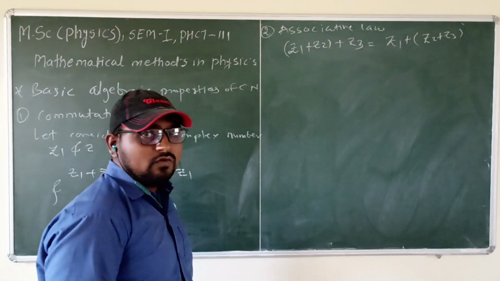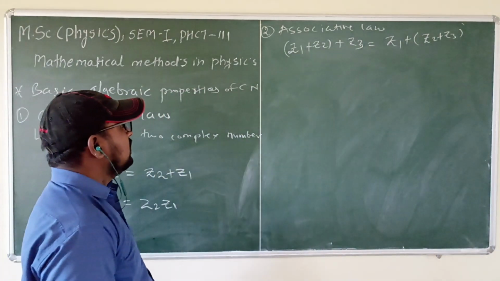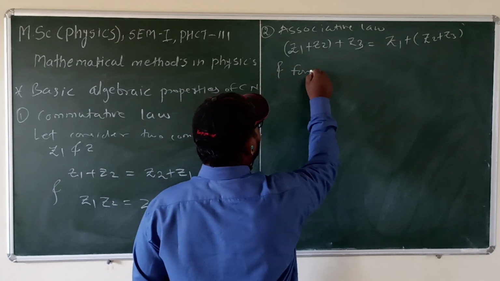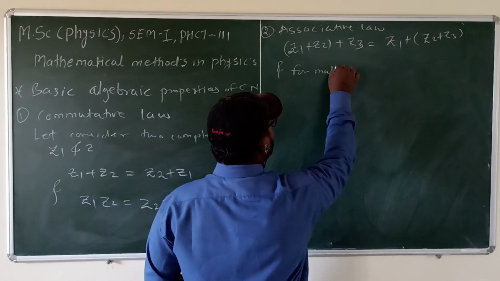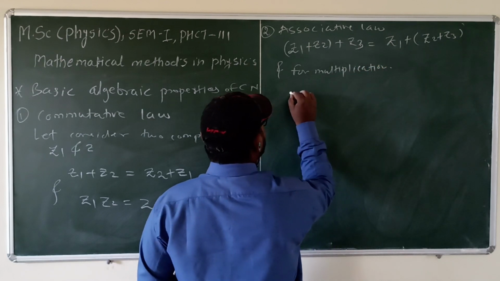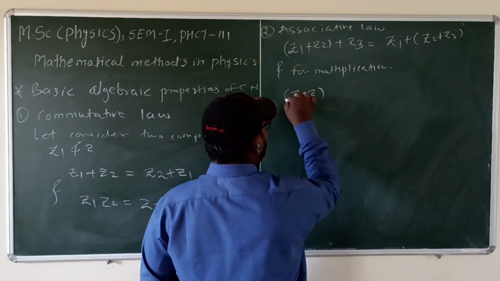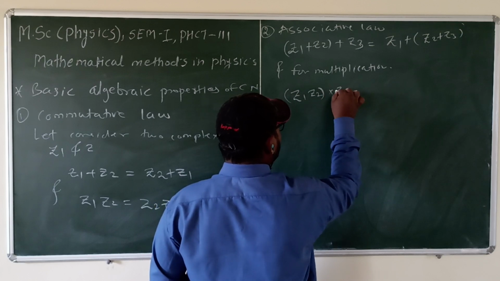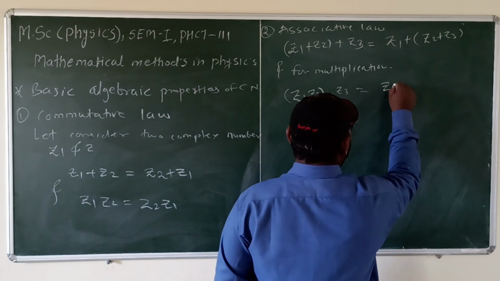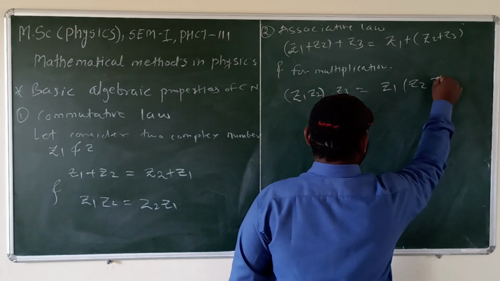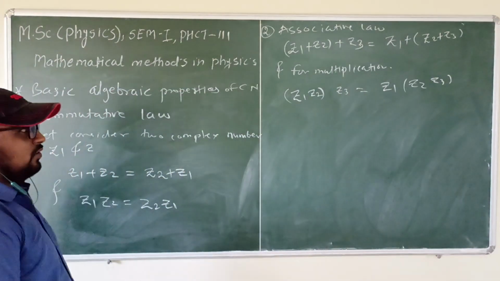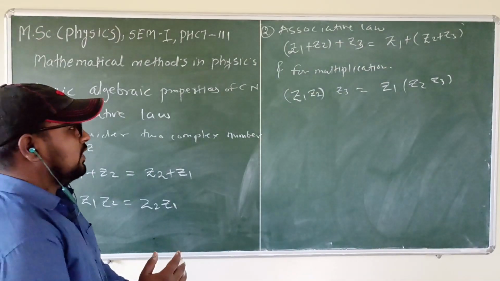Okay, this is associative law of addition. Same case for multiplication: you can write Z1 Z2 in brackets multiplied with Z3, which has the same result as Z1 times the bracket of Z2 and Z3. This is associative law of addition and multiplication.